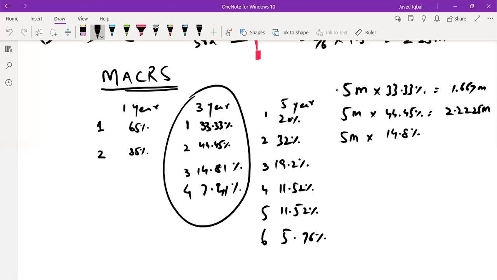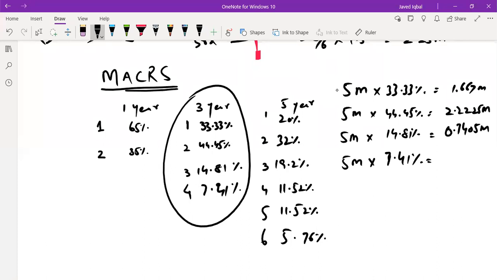In the third year, this would be 14.81%. So it's equal to 5 multiplied by 0.1481. So this comes to be 0.7405 million. And in the last year, you'll be multiplying it by 7.41%.